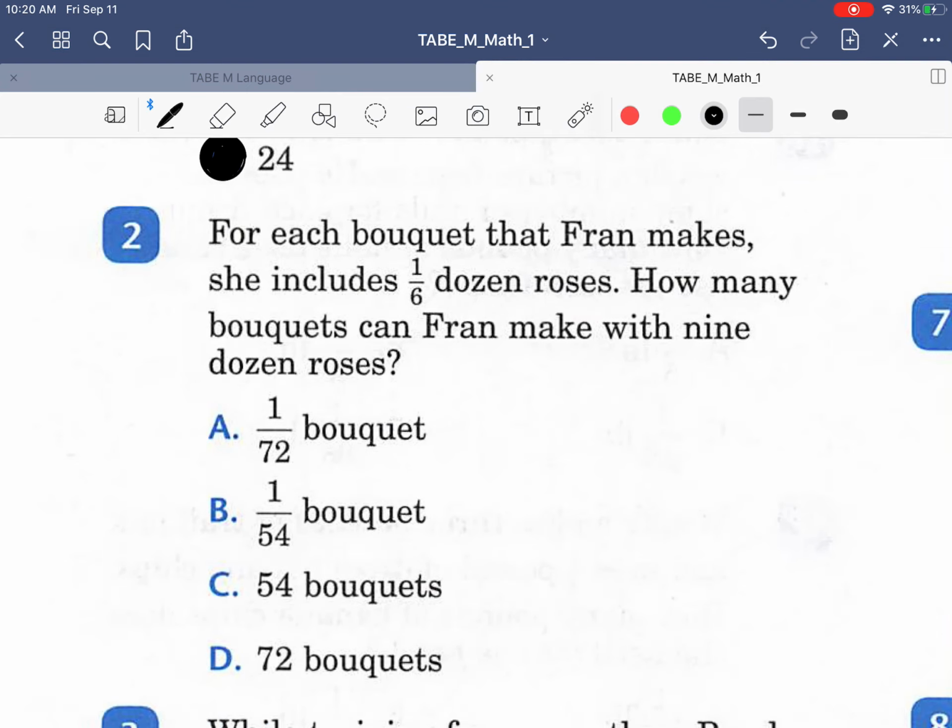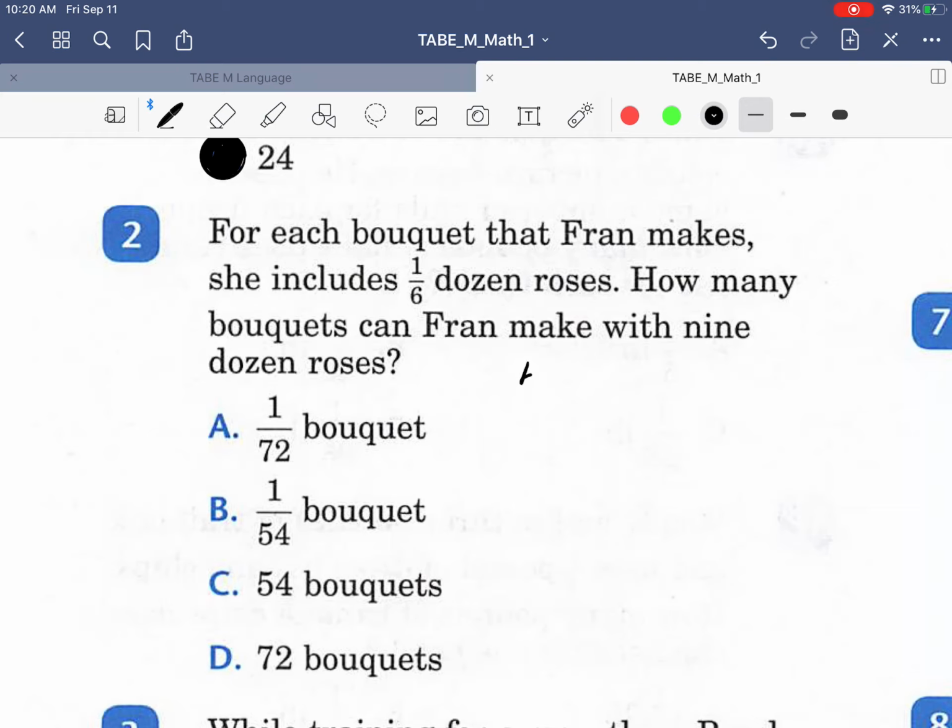Number 2. For each bouquet that Fran makes, she includes 1/6 dozen roses. How many bouquets can Fran make with 9 dozen roses? Now be careful here. You have to really think this through. Ask yourself in your own words what's happening in this story.